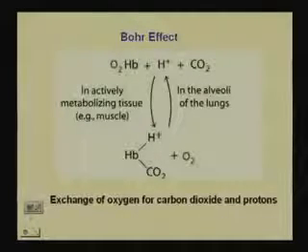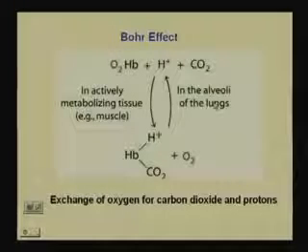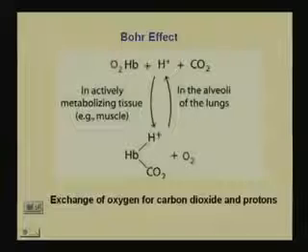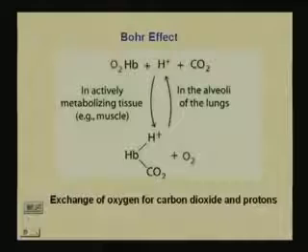If I have an increased amount of H+, it is going to decrease. Okay, so the binding curve is going to change with the change in the pH, right? And how should it change? It should change in such a fashion that the oxygen is released at the tissue level.